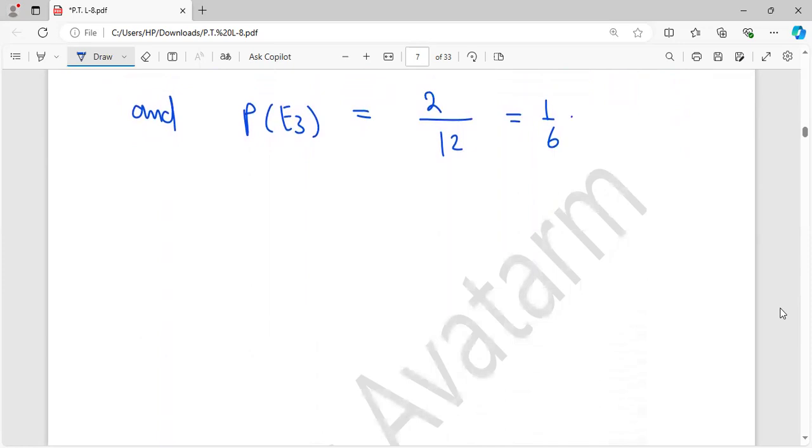Now, what is the probability of A relative to E1? So E1 event has happened. The event is that one ball is white and one ball is red. How many white balls are there in urn one?